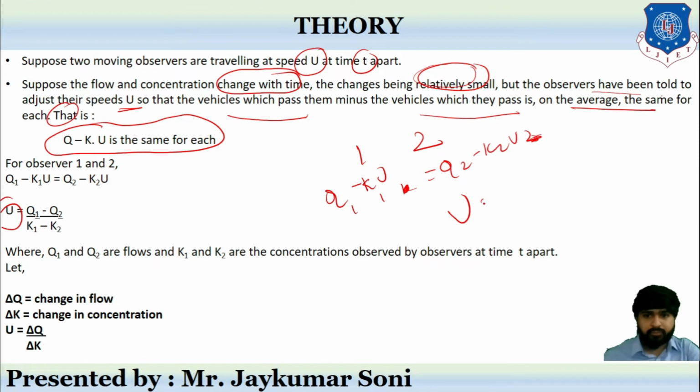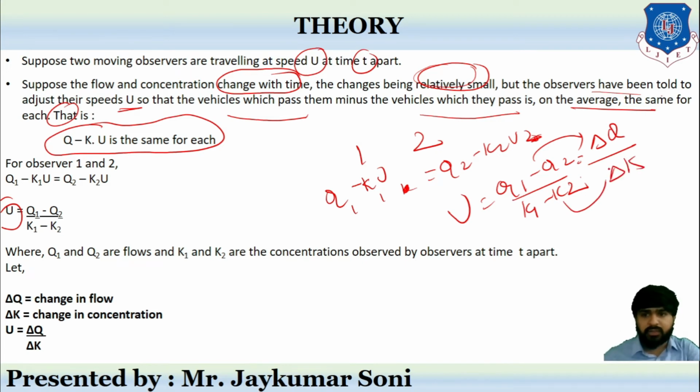So this will be (q1 minus q2) by (k1 minus k2). This is called delta q because this is the change, and this is called delta k because this is the change. So this is what u stands for. Delta q means change in flow, delta k means change in concentration, and the equation will be u equals delta q by delta k.